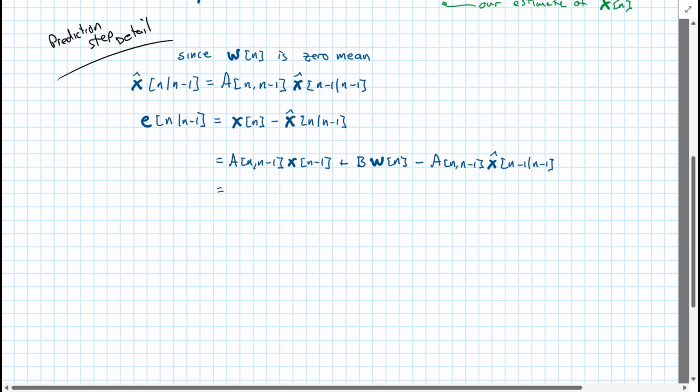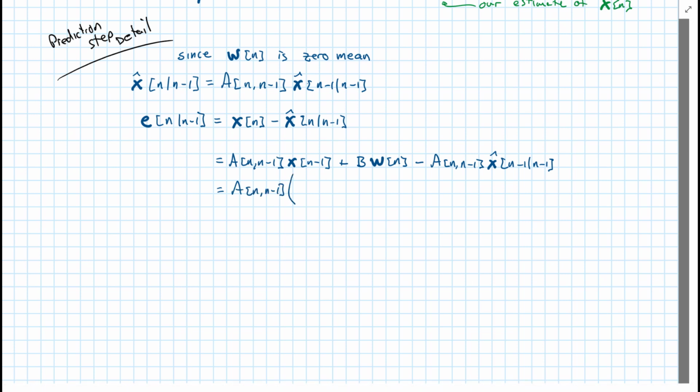And the first obvious simplification is that we can factor out our A n given n minus 1. And we have essentially now our previous error, and then, of course, the process noise that we'll keep out there.